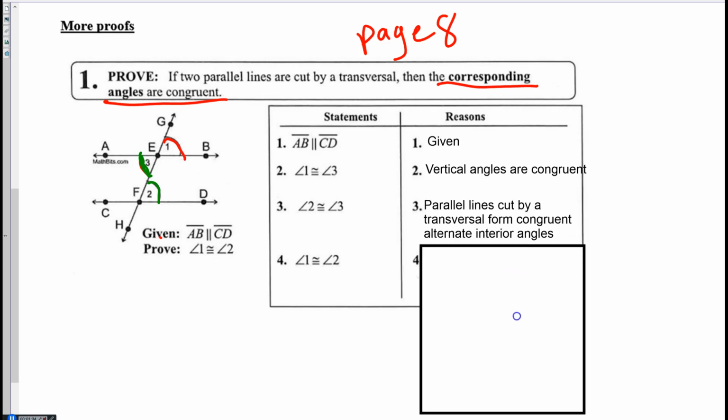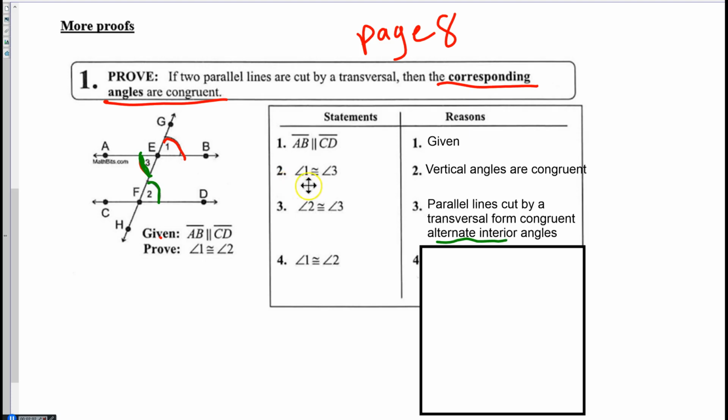So I wrote that parallel lines cut by a transversal form congruent alternate interior angles. So I mentioned that the lines are parallel, that they're cut by a transversal, and that those are the alternate interior angles. You need all those pieces for a concrete reason for why those are congruent. It doesn't need to be those exact words, but it needs to be something to that effect.